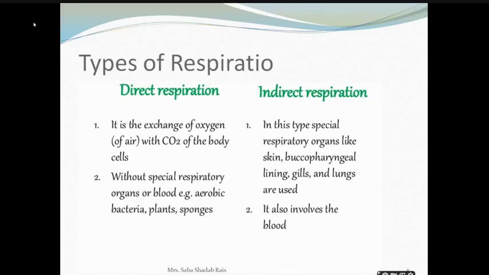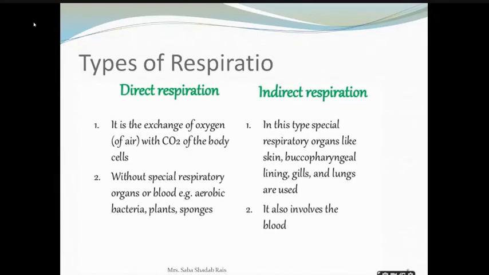So this respiratory organ will help in external respiration, but for internal respiration, this oxygen or whatever respiratory gas is there must reach each and every part of the body, each and every cell and tissue of the body.